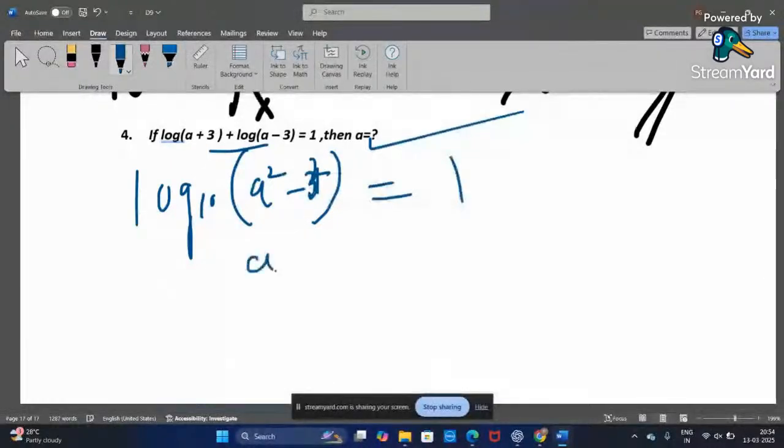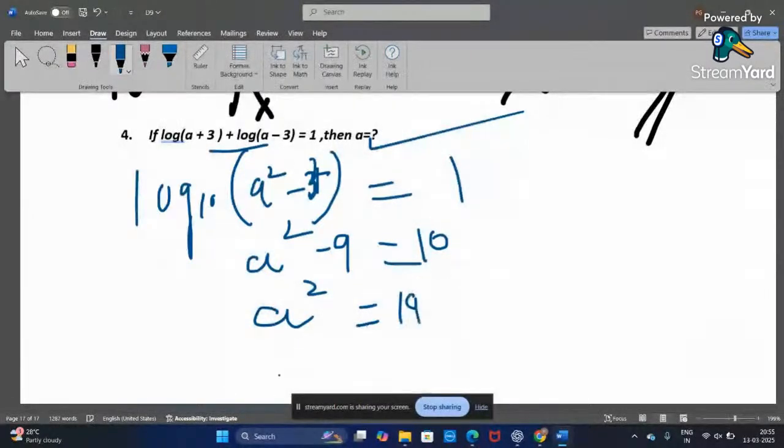So here a square minus 9. Here it is log 10. When it moves this side, it will be 10. Then a square equals, when you take 9 this side, it is 19. Then we need the value of a, not a square. So a equals root 19. This is the value for a.